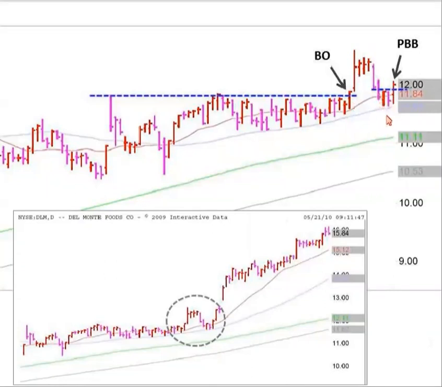Remember, these pullback buys are only as good as putting the whole thing into perspective. So you're still going to want to see all the things that you would normally want to see. Pullbacks on light volume, natural reactions with tennis ball action, all that stuff is still going to apply regardless of whether you're using a pullback buy or a breakout.